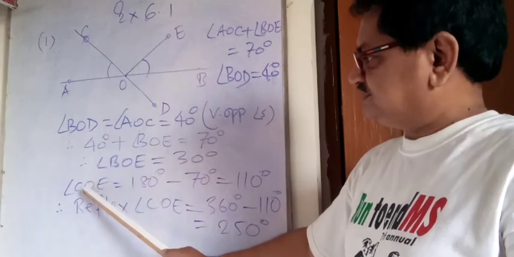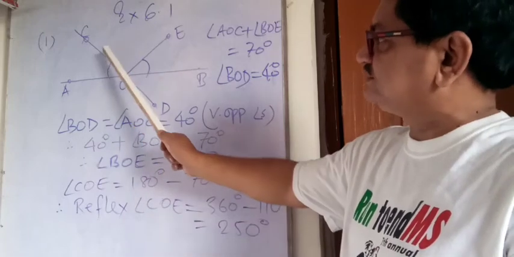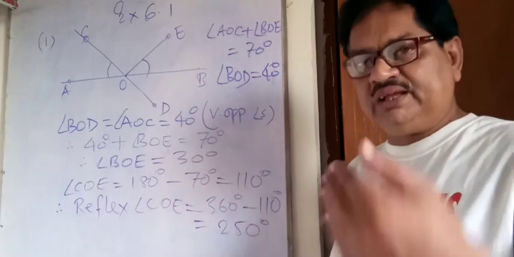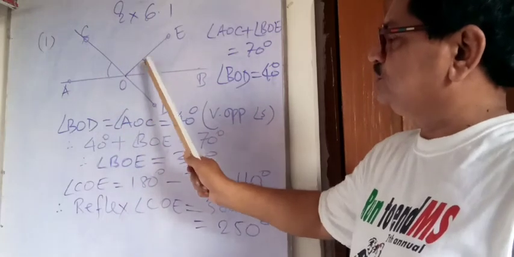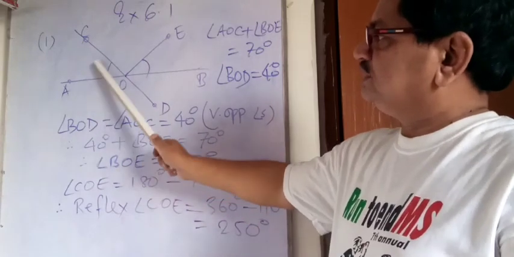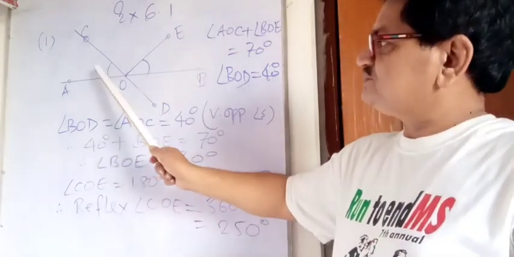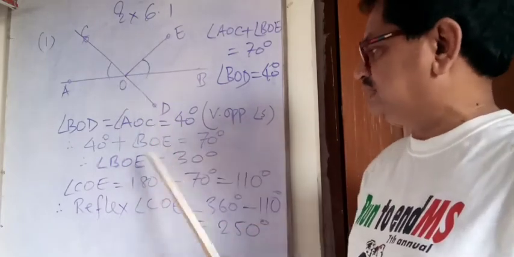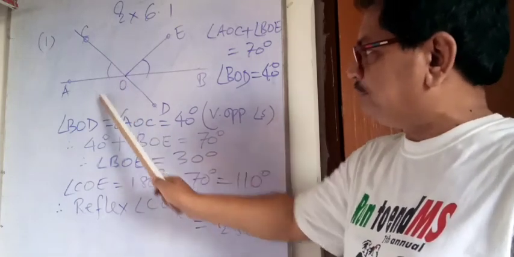But we have been asked to find out angle COE. So angle COE, where is it? First we have done BOE 30 degrees, and now for reflex angle COE, let's first calculate angle COE, which is here. So this completely, the value of this complete angle will be 180 degrees, whereas these and these are 70 degrees, so this remaining COE will become 110 degrees, and the reflex COE means this complete angle.